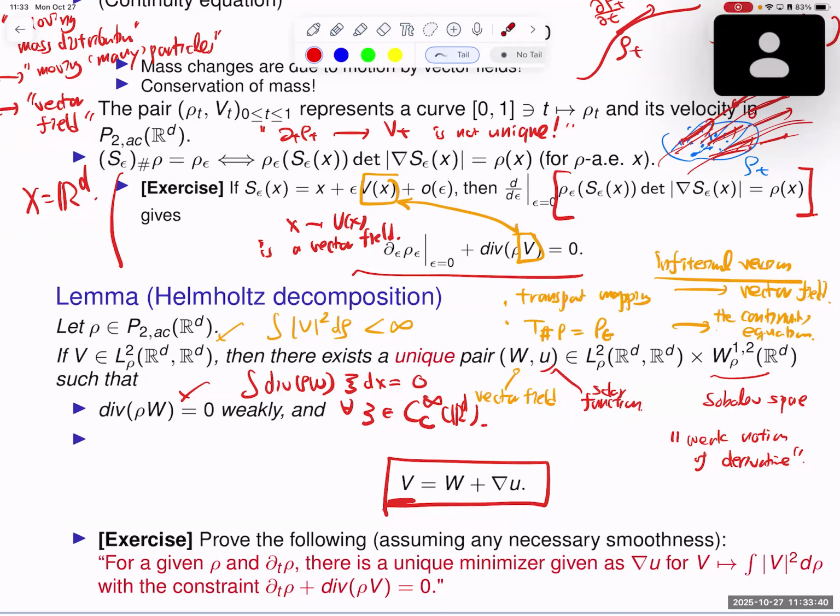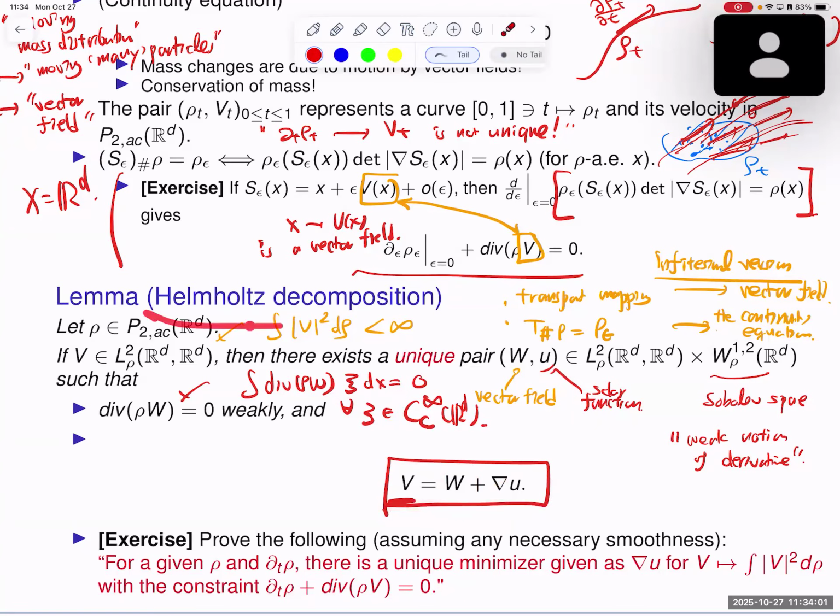If you are in three-dimensional space, any given vector field can be decomposed into a divergence-free vector field and a curl-free vector field. A curl-free vector field in R3 is nothing but a gradient.